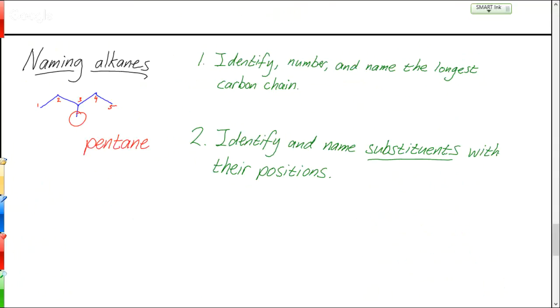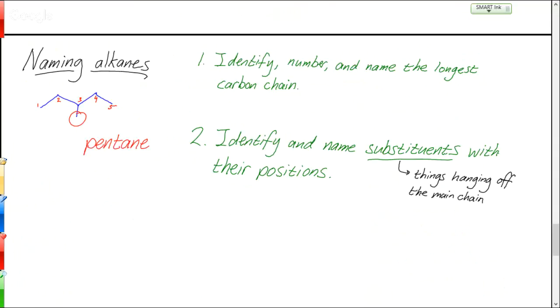So what that means is we find the substituents, which are things hanging off the main chain. So anything that's not a part of that main chain is considered a substituent, a thing that's hanging off of it. So in this case, what's hanging off of the main chain? That extra carbon coming off the bottom, right?